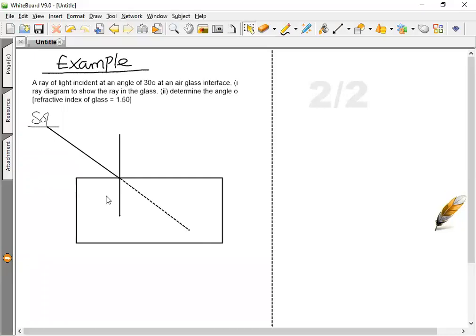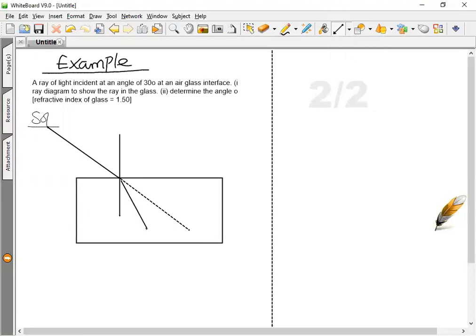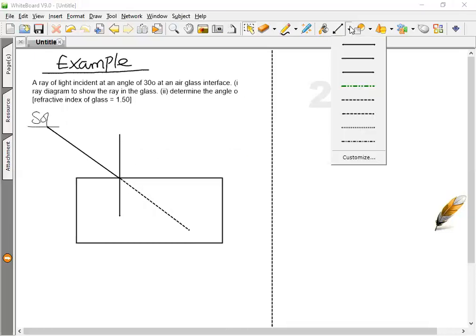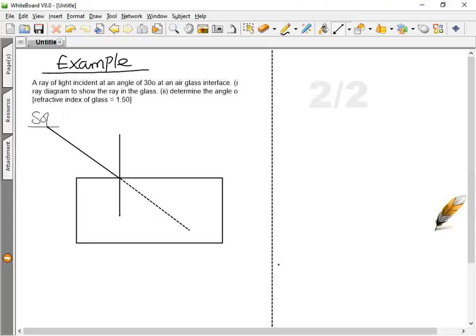Now the next thing is what? Then we need to draw the refracted ray. The refracted ray. Let's come this way. You know, we always have our refraction in this manner. Okay, let me delete this. Let me use red to show refraction, to show that it's a refracted ray.